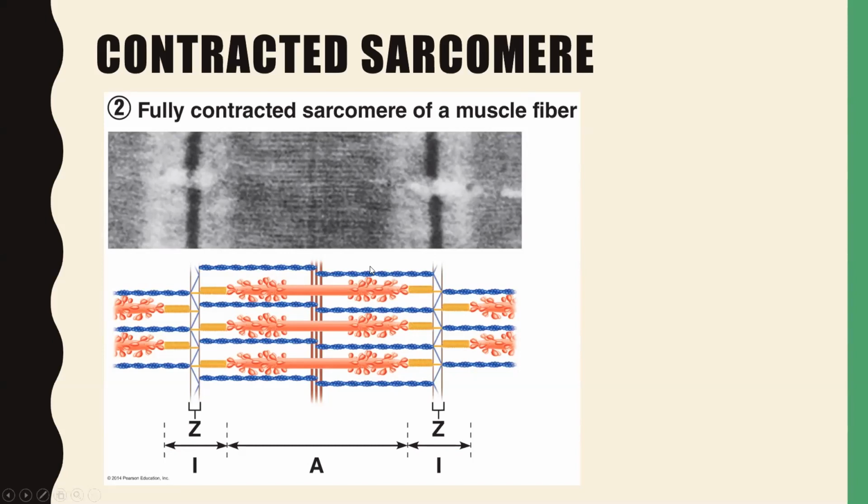So where's the space that we can lose? Well, it's in the H zone and it's in part of the I-band. Our A-band distance never changes. So the A-band width always stays the same. So the I-band will get narrower and the H zone will actually disappear in a fully contracted muscle.